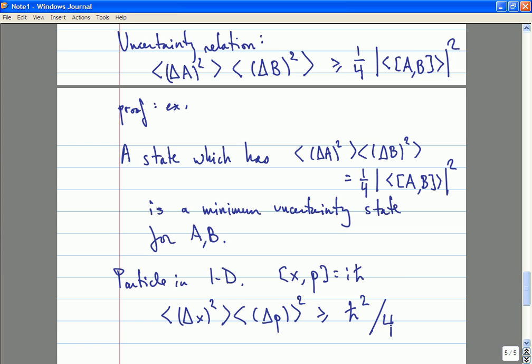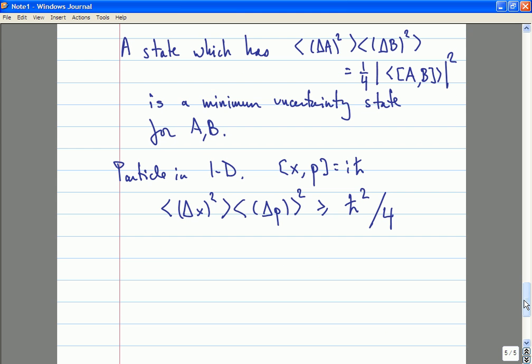So this is the Heisenberg uncertainty relation, that the expectation value of delta x squared times the expectation value of delta p squared is greater than or equal to h bar squared over 4. So you could then ask what the minimum uncertainty states are for the one-dimensional particle that we've been considering.